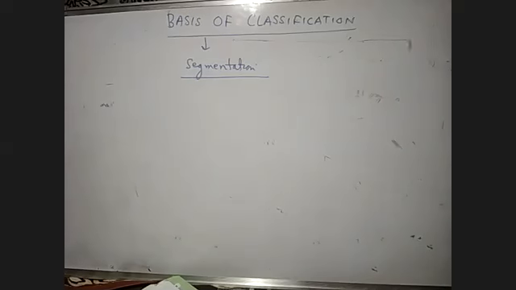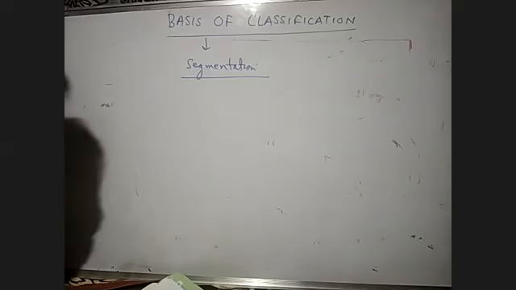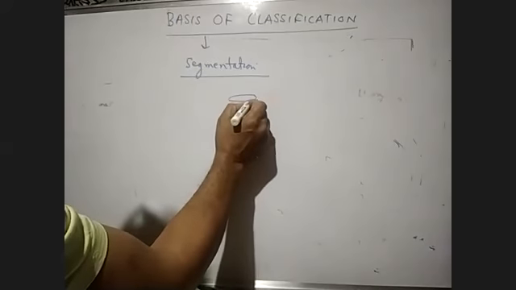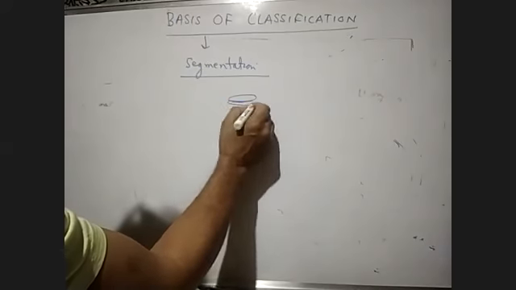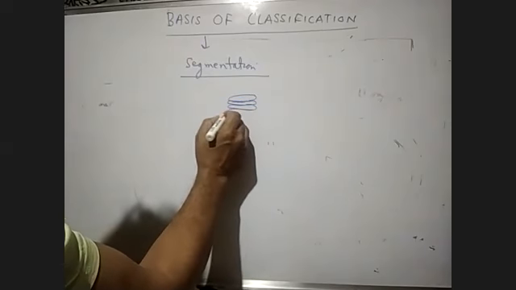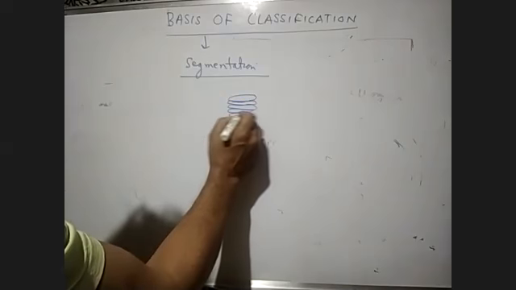In some of the animals, just like the earthworm, the body is divided externally and internally both into compartments.